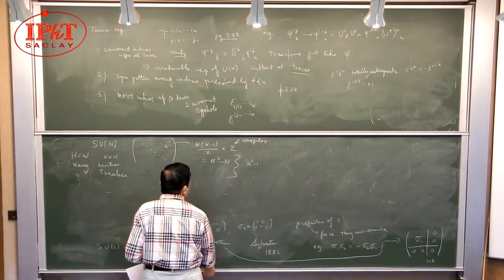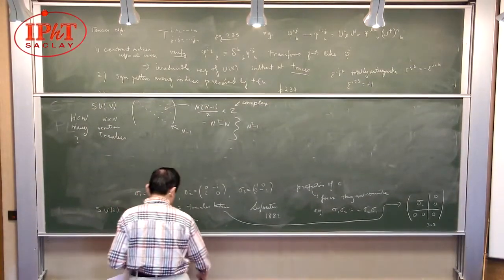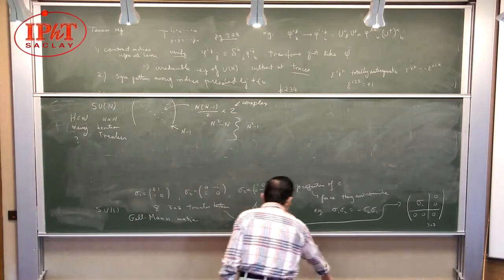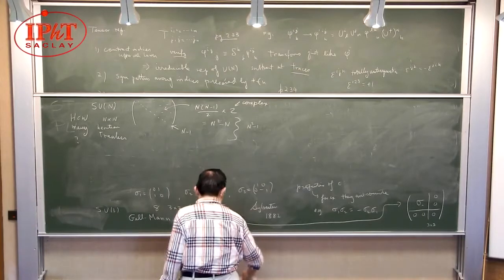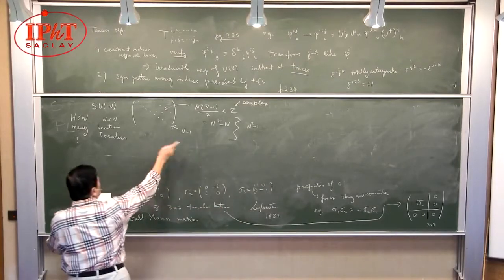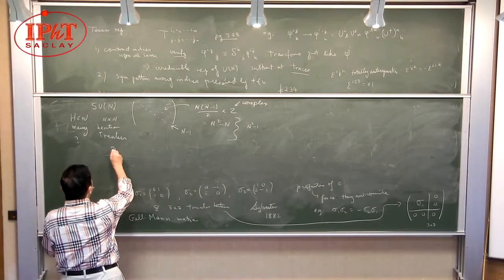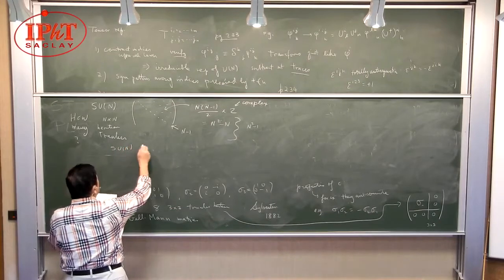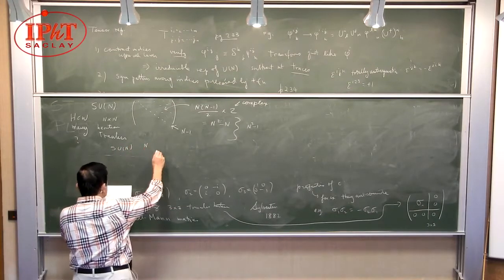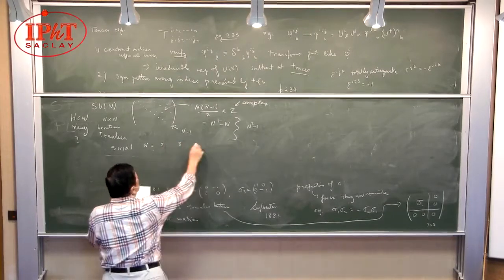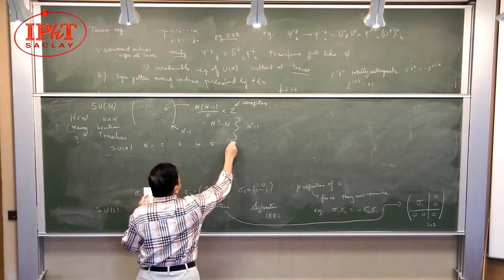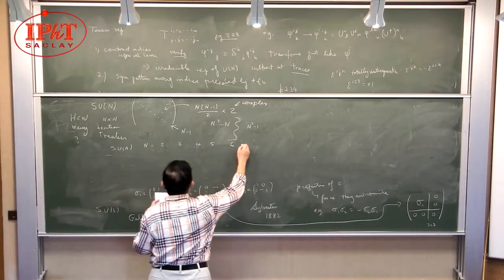Okay, so now we can make a little table of how many such matrices there are. For SU(N), here I write n equal to 2, 3, 4, 5, 6, and so on.